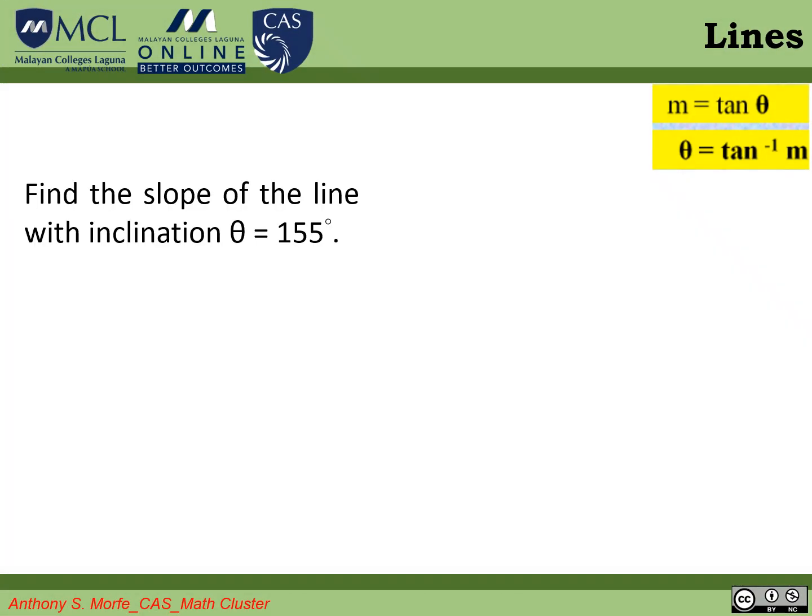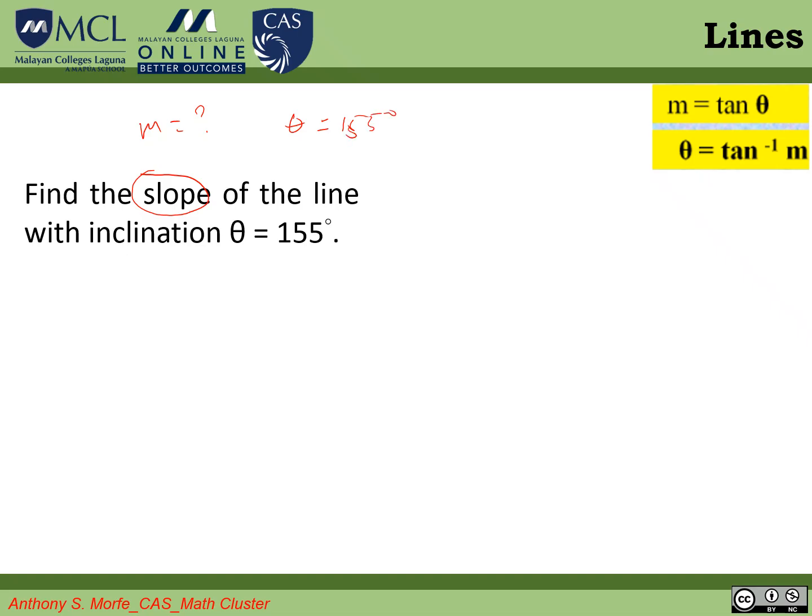And then we solved two problems. We are given here the theta, and we are asked to solve for the slope. So slope is unknown, and we are asked to solve for the inclination, which is 155 degrees.